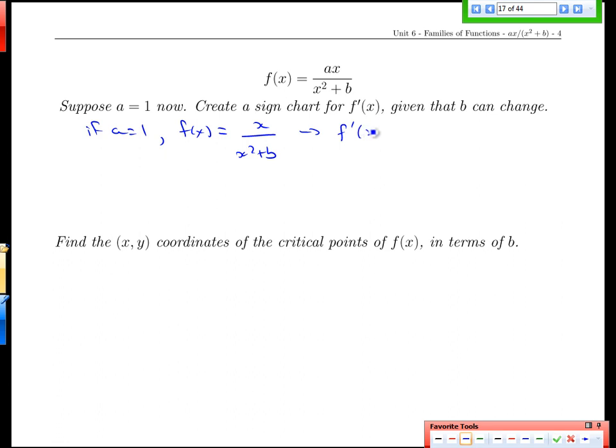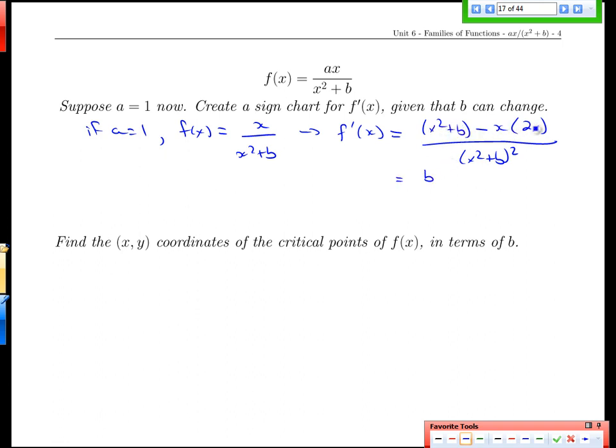Our derivative would be, quotient rule, derivative of the top is 1 times the bottom, minus the top times the derivative of the bottom, all over the bottom squared. Now if we simplify that one step further, we'll have x squared plus b minus 2x squared.